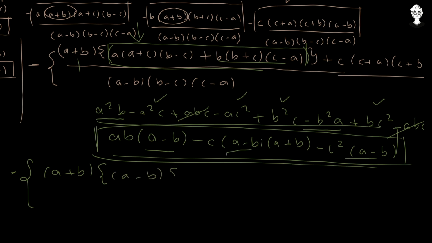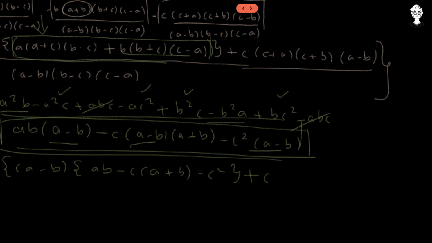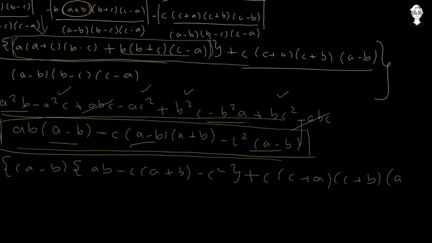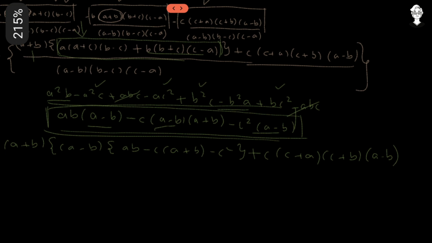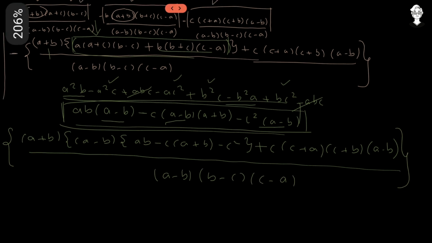So inside the bracket again we will get ab minus c times a plus b minus c square, and this thing is added with c multiplied by c plus a multiplied by c plus b multiplied by a minus b, and this whole thing is divided by a minus b multiplied by b minus c multiplied by c minus a, and the curly bracket for the negative sign closes.